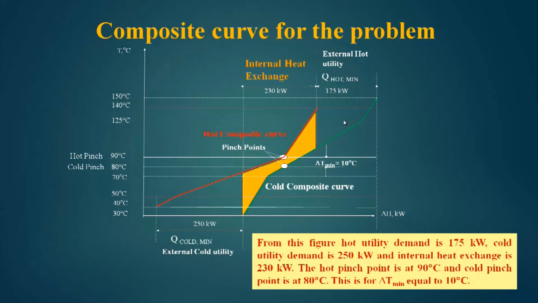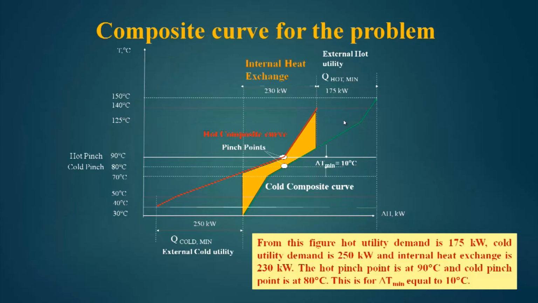So, this figure very clearly tells the salient features: 175 kilowatt of hot utility is required, 250 kilowatt of cold utility is required, and the heat exchange between process hot stream and process cold stream is 230 kilowatt.